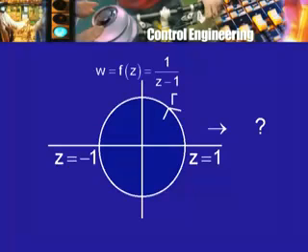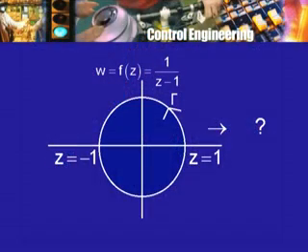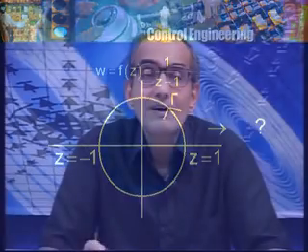Notice that this is what is called a rational function, because it's a ratio of two polynomials. The numerator polynomial is just a constant 1, the denominator polynomial is of degree 1. So this rational function has one pole, and the pole is at the point 1. Earlier the function z minus 1 had one 0, and the 0 was at 1. Now there is a pole, there is no 0.